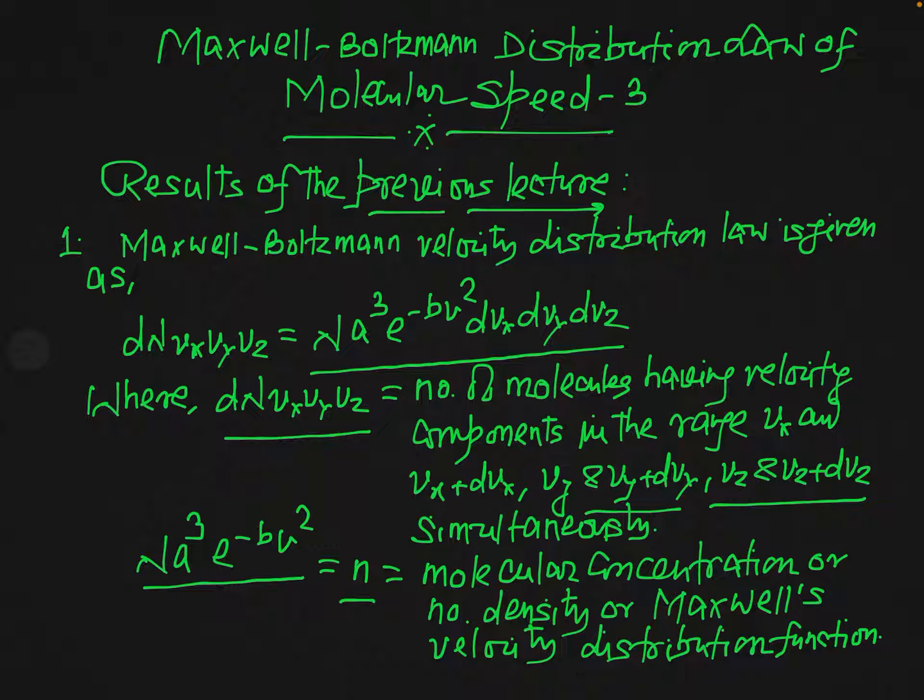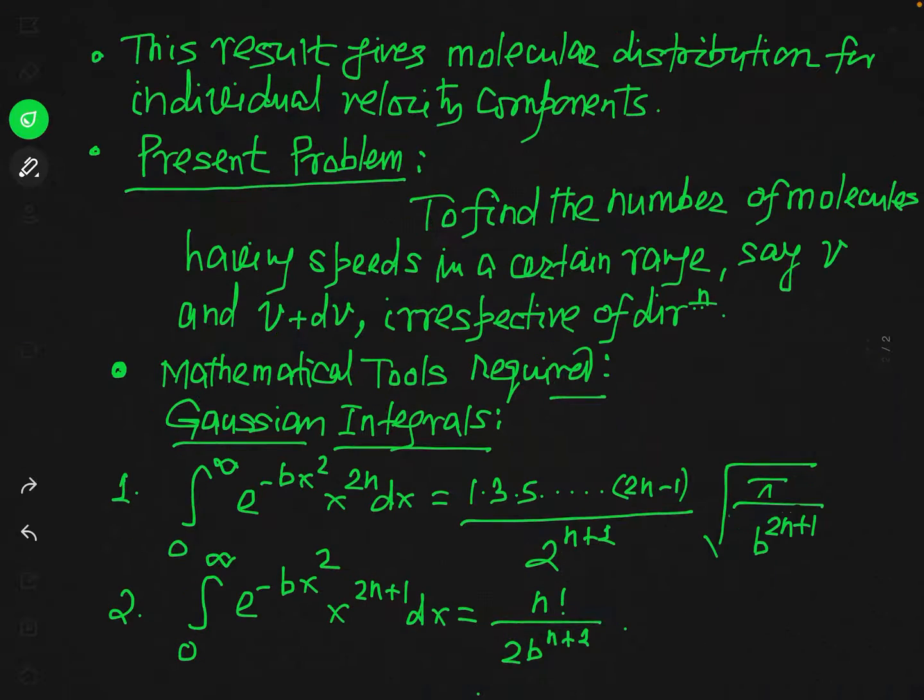So up to this result we have discussed Maxwell's velocity distribution law, and we have also seen the graphical plot of this Maxwell velocity distribution function. But you can see that this result actually gives the molecular distribution for individual velocity components.